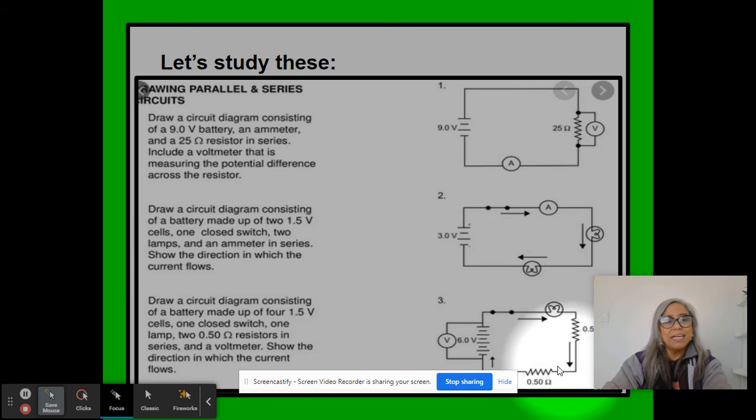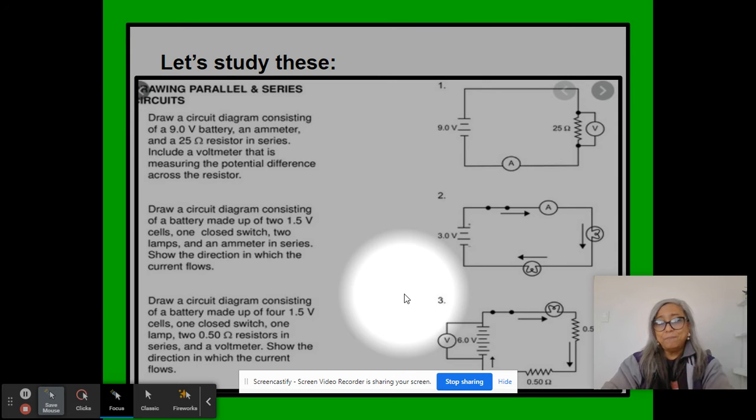Again, in series. And a voltmeter. Again, the voltmeter would be in parallel with your component, whatever that is. In the first problem, it is parallel with your resistor. This one would be parallel with your cells or your batteries.